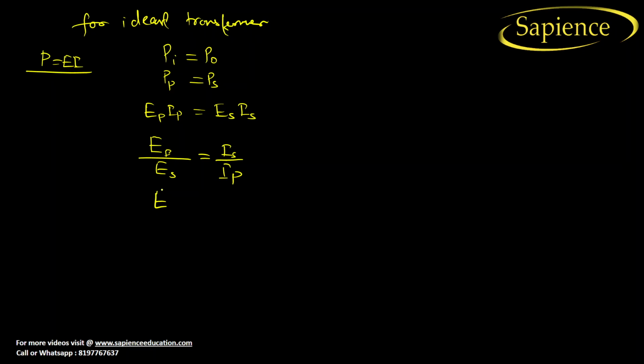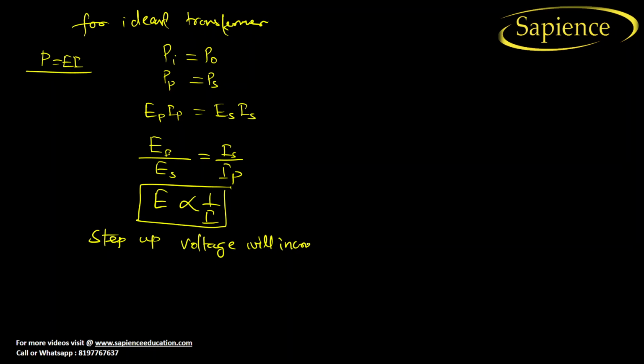So from here what we have got is that voltage is inversely proportional to the current. If voltage is increased, in a step up transformer, the voltage will increase, so as a result, current will get reduced.